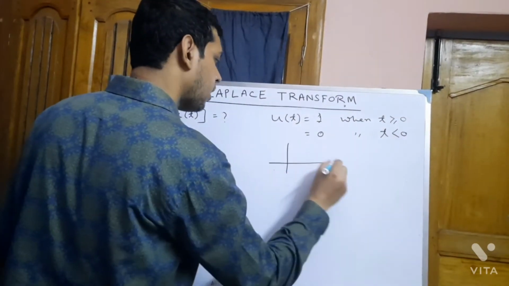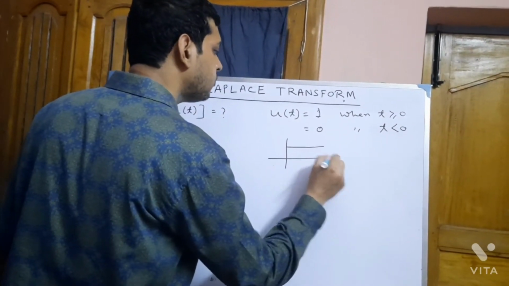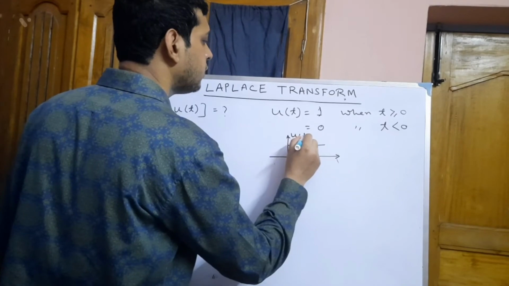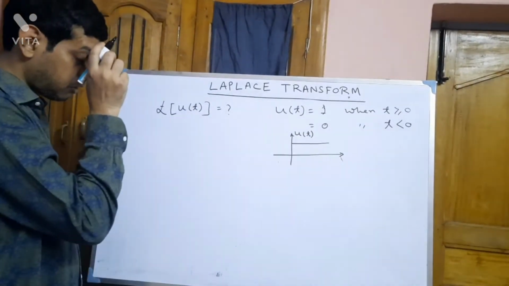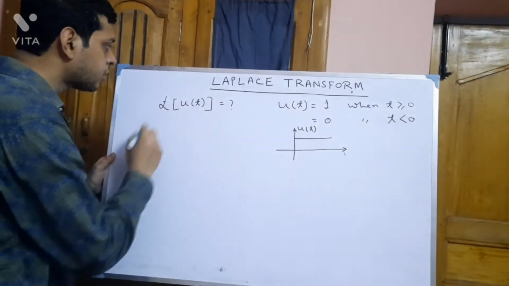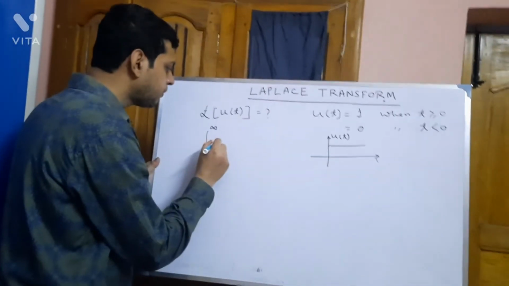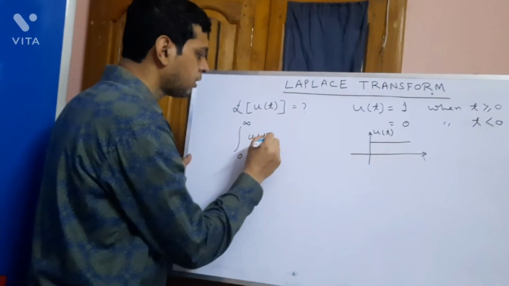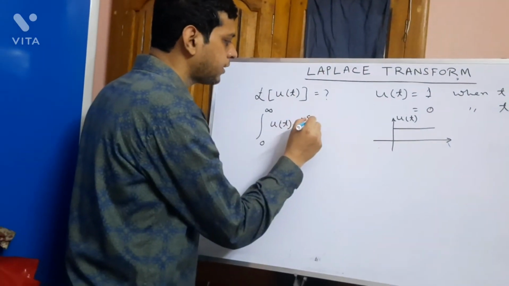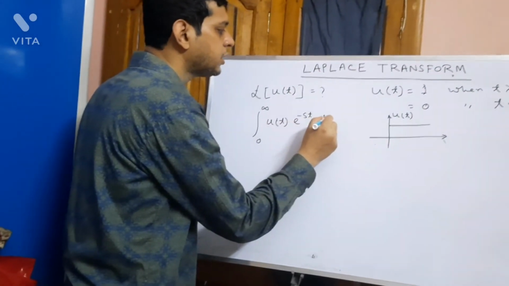This is the graph of the unit step function u(t). Now the Laplace transform of u(t) is the integral from 0 to infinity of u(t) e to the power minus st dt.